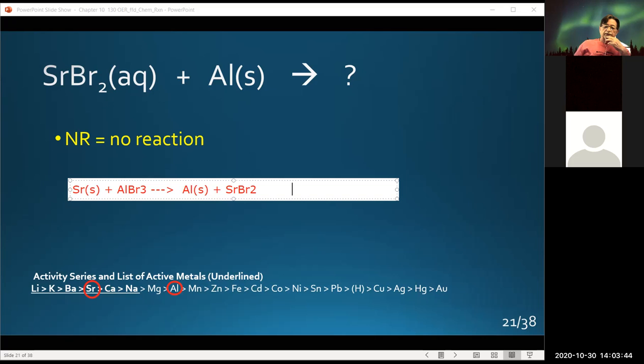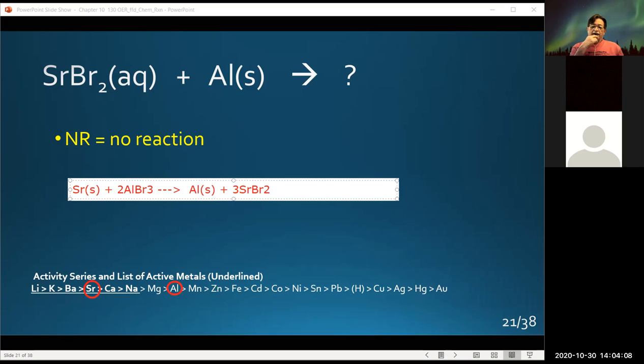Anybody want to give it a shot? You would need 2 of the aluminum bromides and 1 of the strontium. Or I'm sorry, 3 of the strontium. Wait, no. How about 6. What if we try 2 of that and 3 of that? Yeah, that works.